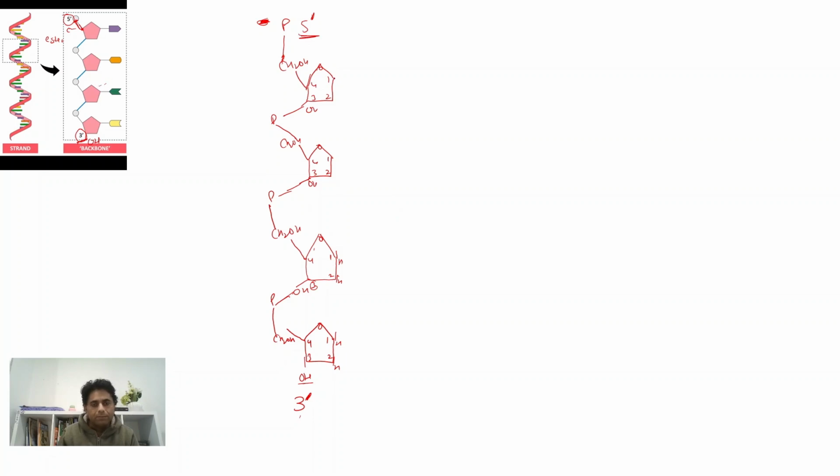And the first carbon is this, first carbon is this, first carbon is this, first carbon is this. So imagine this is A, A always pairs with T. So this is G, G always pairs with C. So this is C, this is T. Okay, so we draw the strand, 3' to the 5' side.